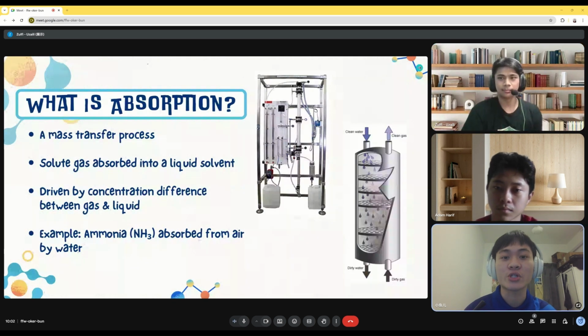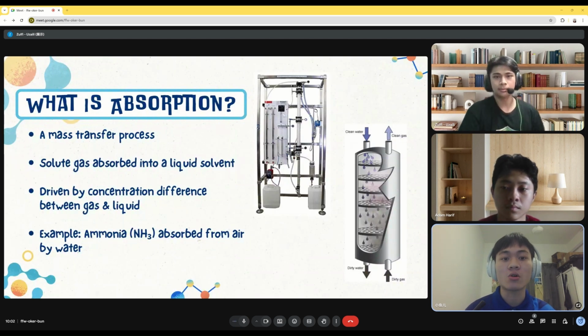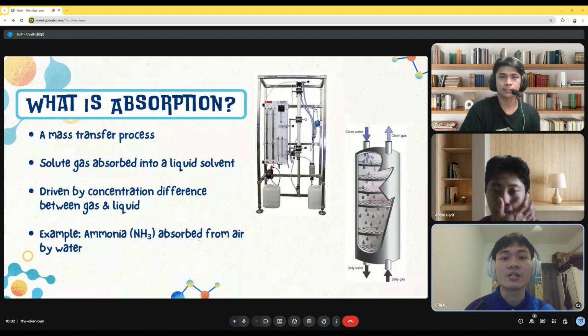What is absorption? Absorption is a mass transfer operation where a gas mixture containing a solute is contacted with a liquid solvent that selectively absorbs that solute. In the process, the gas mixture usually has two parts.